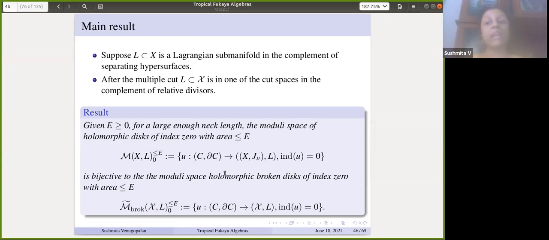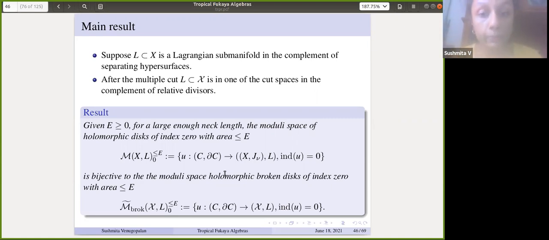The Fukaya algebra is an infinity algebra, and the composition maps are defined by counts of holomorphic disks whose boundary lies on the Lagrangian submanifold. In our case, we assume that the Lagrangian is contained in one of the cut spaces and it's in the complement of the relative divisors. So when you do the cuts, it just stays put in one piece. It's not affected beyond that.